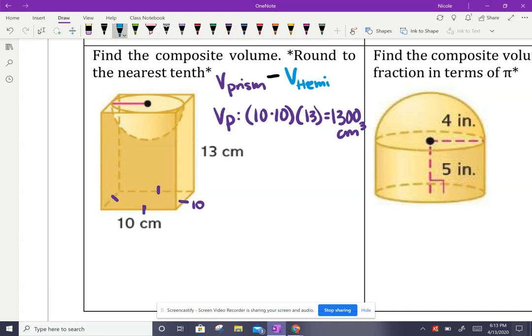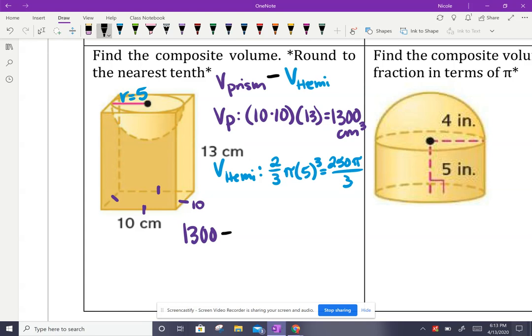And the volume of the hemisphere is 2/3 pi times our radius, which is 5, cubed. Right now I'm going to leave that as a fraction. It gives me 250 pi over 3. And then we're going to subtract these. So 1300 minus, and in the calculator I'm going to make sure I use parentheses here so it turns out nice.